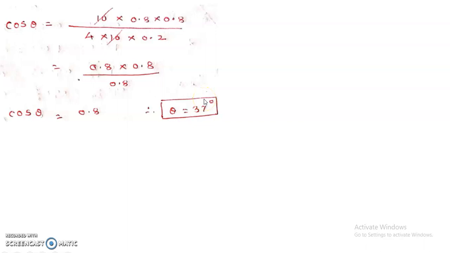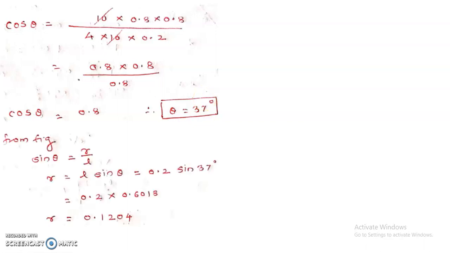So we get theta. Now we have to find out r also. From the figure, sin theta is equal to opposite side upon hypotenuse. Opposite side is r and hypotenuse is L, so sin theta is r by L. So r is equal to L sin theta. Theta is 37, L is 0.2, so 0.2 into sin 37.